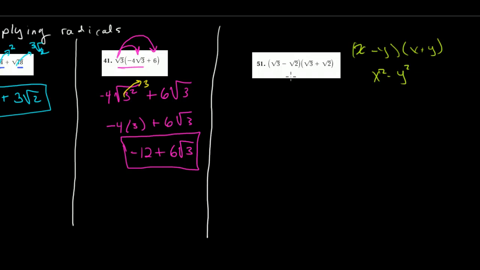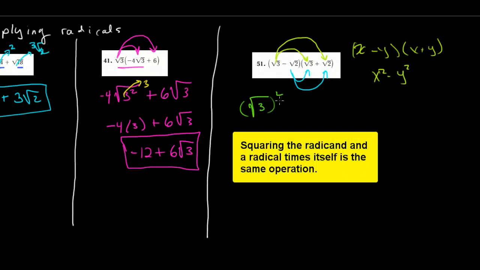So let's see how it works. Remember, we have to distribute to both terms, and then let's do this part in blue, distribute the negative radical 2 also to both terms. So let's see how that works out. Radical 3 times radical 3 is radical 3 squared. It's much like what we've got here, but it's the same thing.